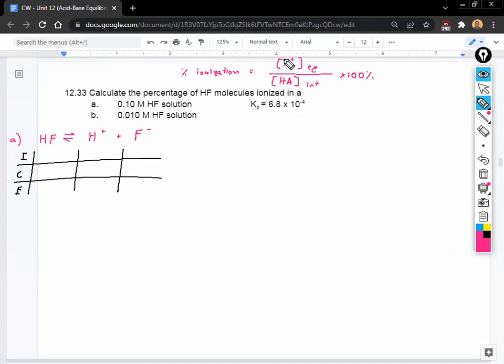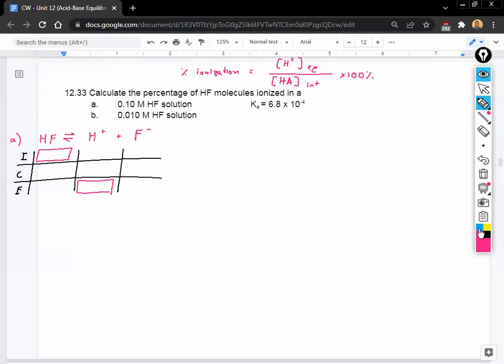The first thing that you need is the H plus at equilibrium. So we want whatever is going to be in this box right here. The other thing that we want is the initial concentration of the weak acid. So we're going to want these 2 boxes right here. These are the 2 numbers that we really care about, so make sure you keep that in mind, because those are the 2 variables we need to solve for percent ionization.